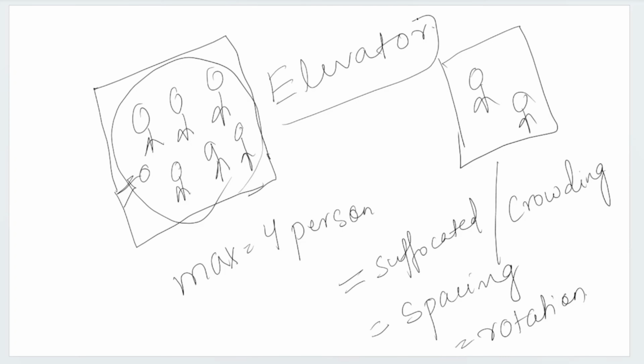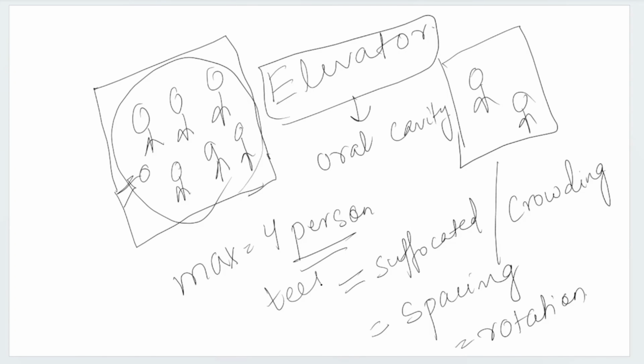So if elevator is your oral cavity with a capacity of 28, and think persons as your teeth, if there are more teeth compared to the space available in the oral cavity, it will be called crowding.